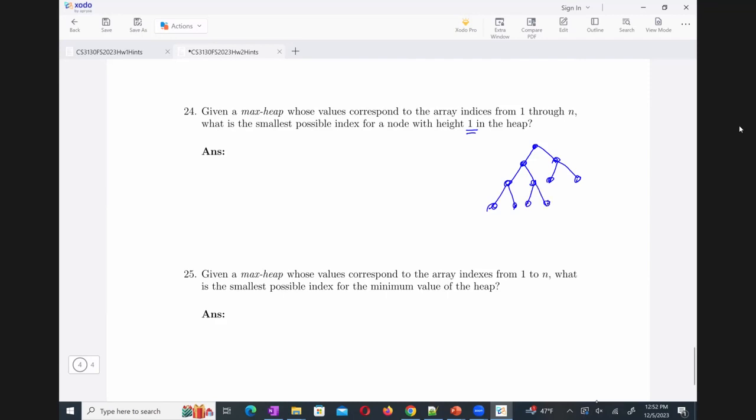Let me just draw it like this. When we count the levels, one way, this is a binary tree. There is a definition, an understanding about the binary tree levels.